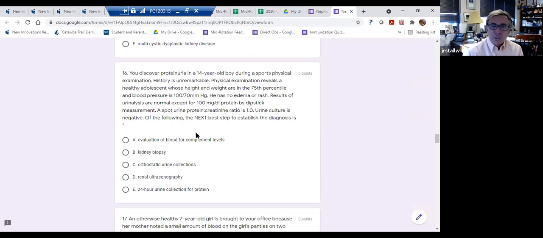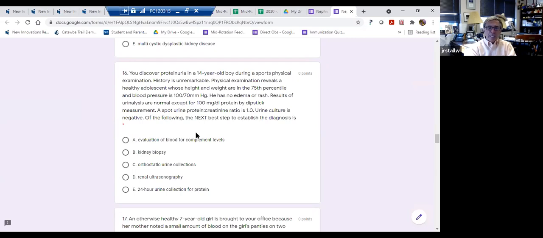Now, they don't tell you when, but of the following, the next best step. Well, certainly this protein to creatinine ratio is not normal, but everything reeks about this patient being healthy. So what is your next step? Well, the real next step is to say, what do you think the diagnosis is when he's got a 2+ protein, everything being equal?